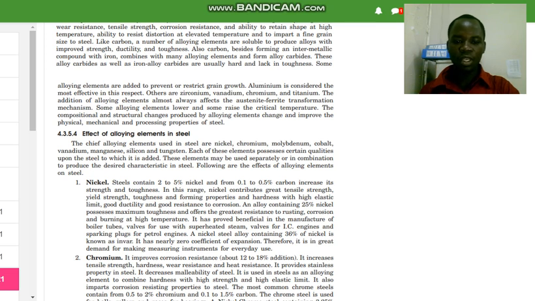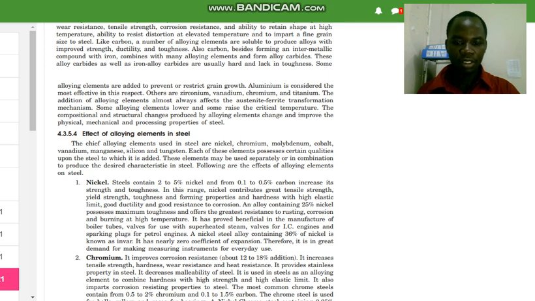Let's begin with nickel alloy. Steels contain 2 to 5% of nickel and from 0.1 to 0.5% carbon. This increases its strength and toughness.